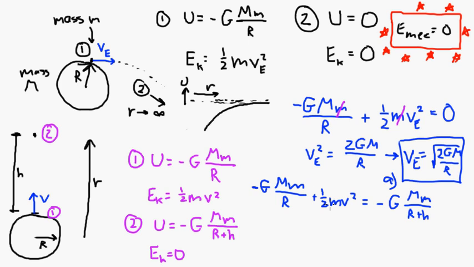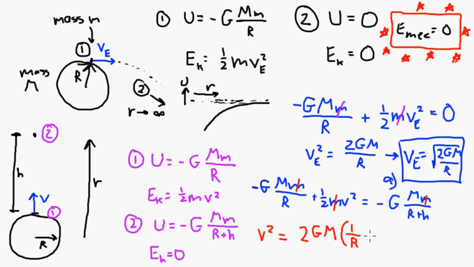And then we can do v squared equals 2GM times 1 over R minus 1 over R plus h.